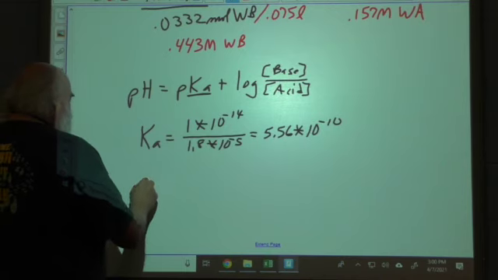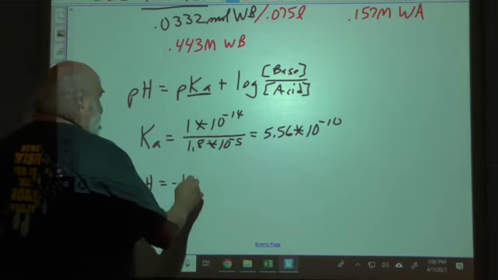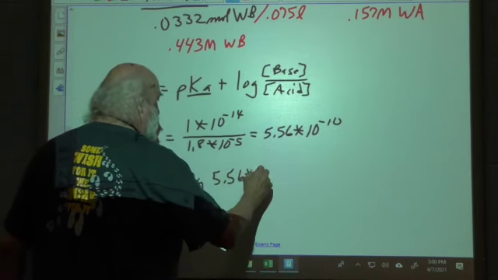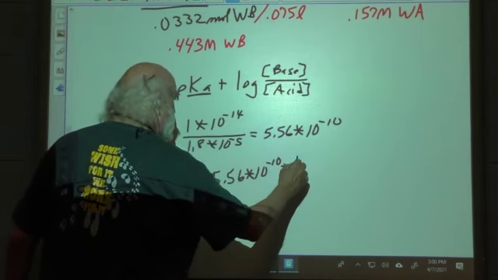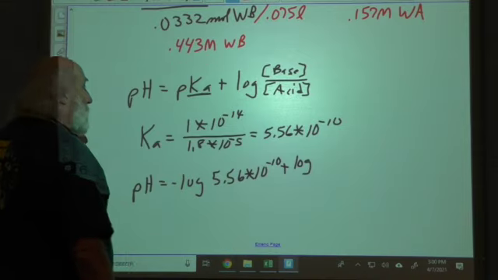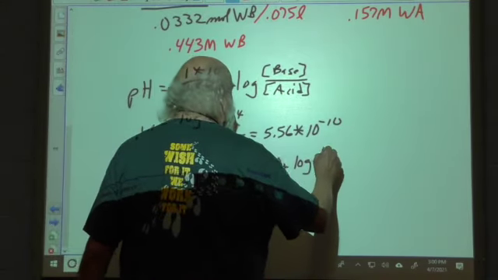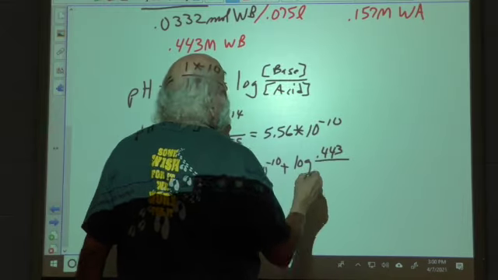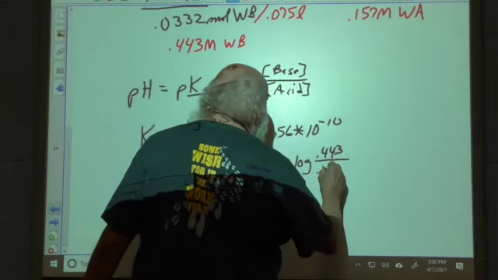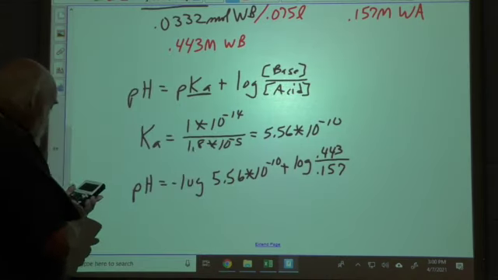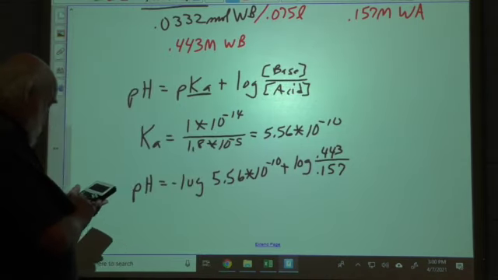So the pH is equal to negative log 5.56 times 10 to the negative 10 plus the log of the concentration of the base, which is 0.443 over the acid, 0.157. Punch that into your calculators.